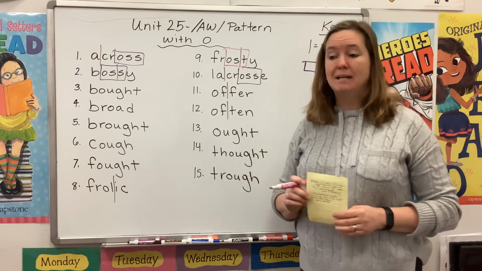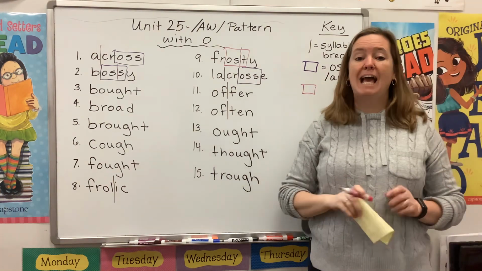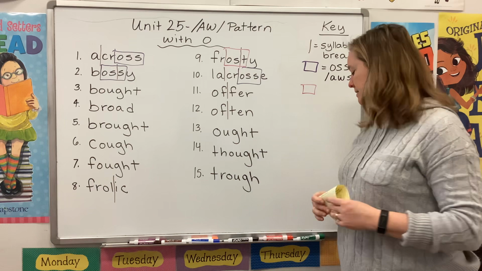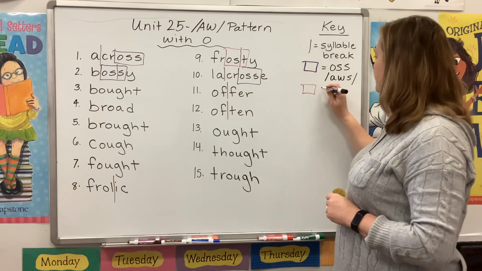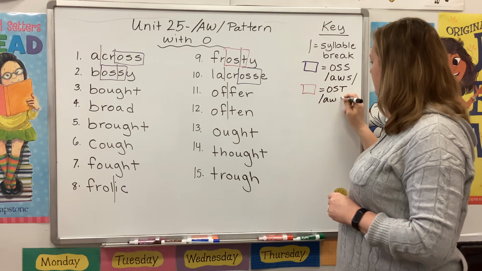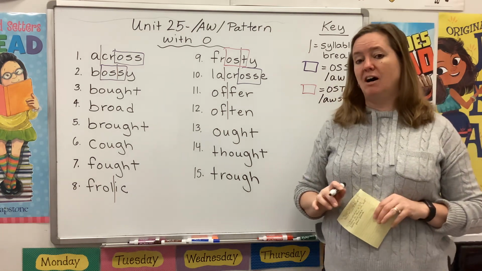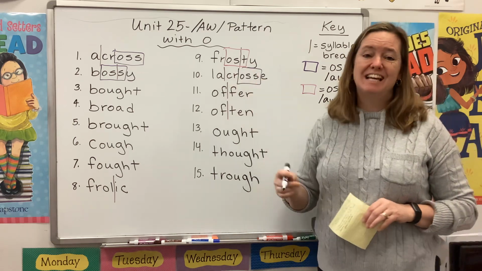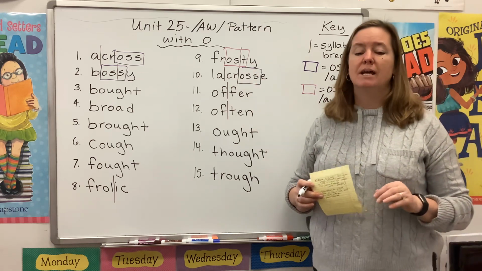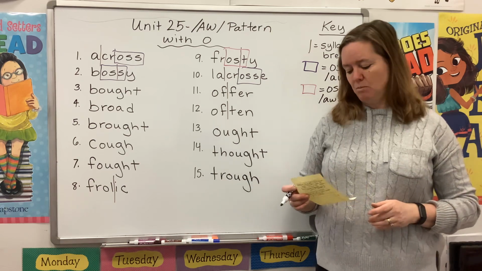So just keep that in mind, okay? That OST can make an ah sound. Notice I say it can make an OST sound because OST can also make a long O sound in words like most and post and host. So that's kind of a tricky one.